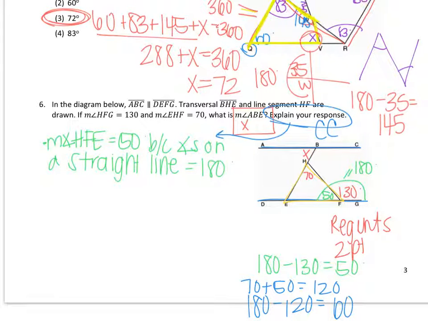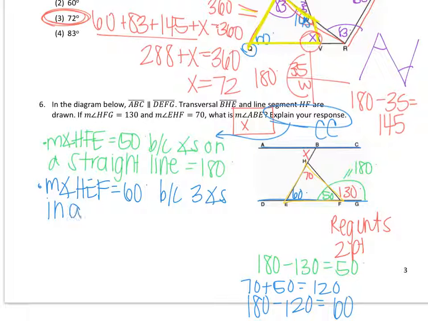So I end up with 60, which means that this angle down here at E, a measure of angle HEF equals 60 because three angles in a triangle equal 180.